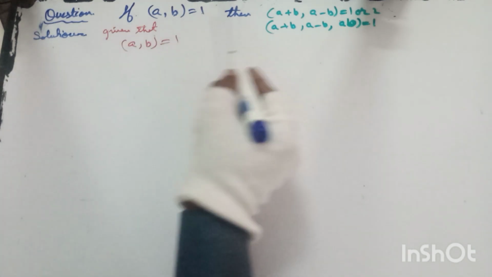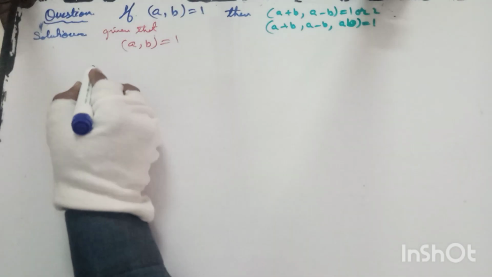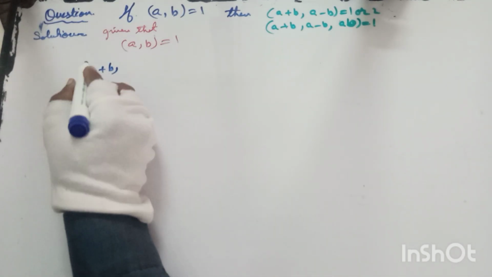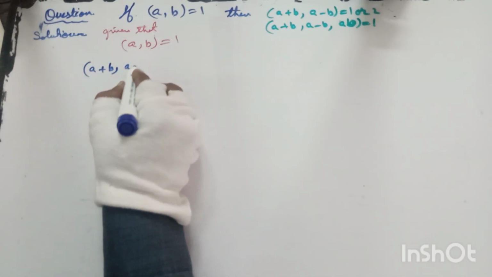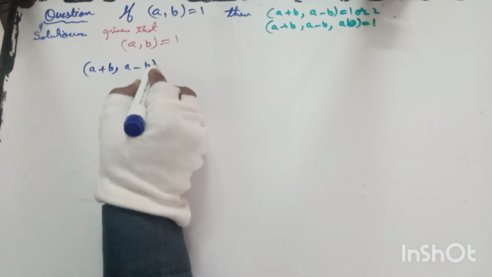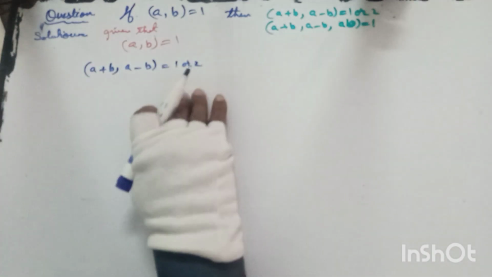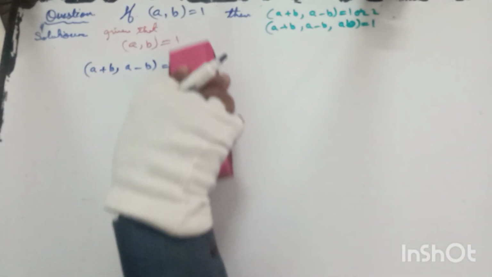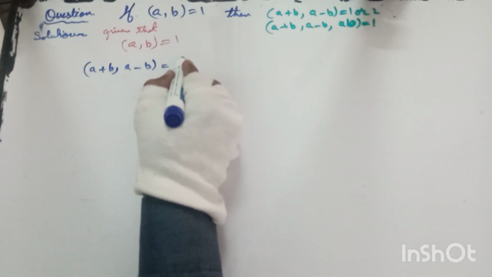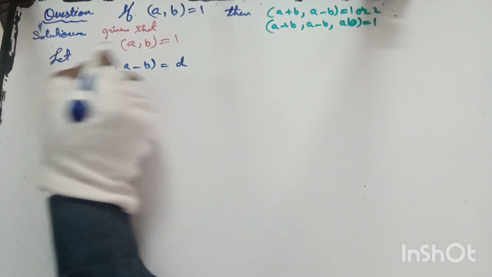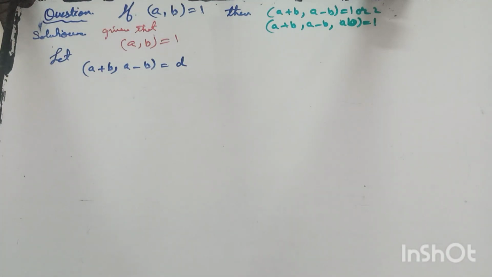Then we have to prove that the GCD of A plus B and A minus B is 1 or 2. We suppose that this GCD is D. Now we have to find out whether the value of D is 1 or 2.